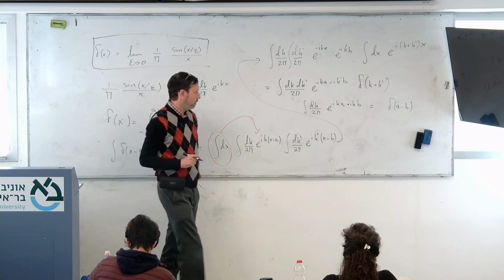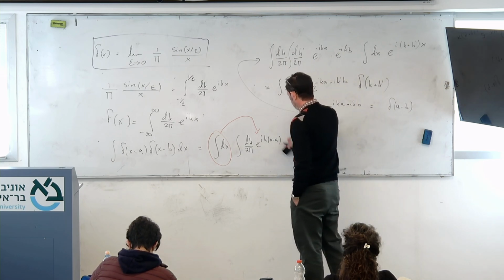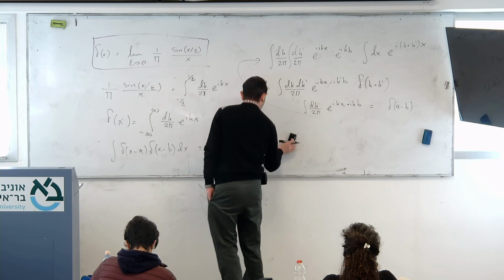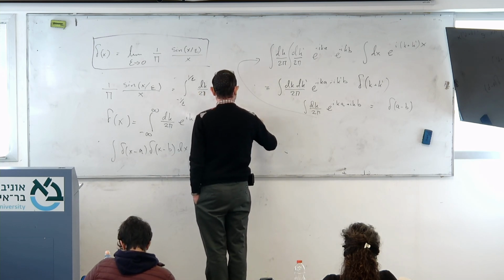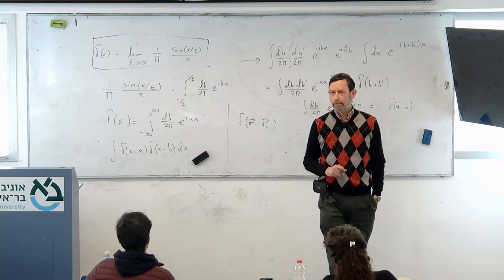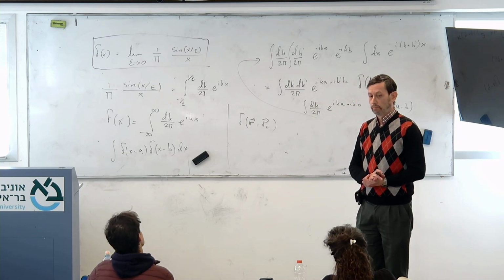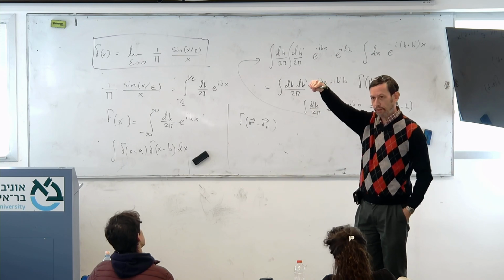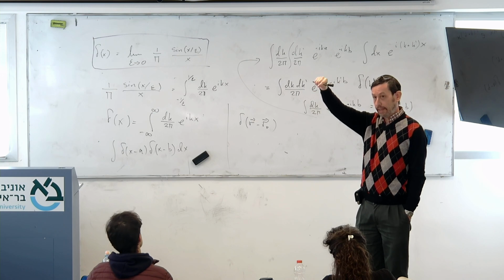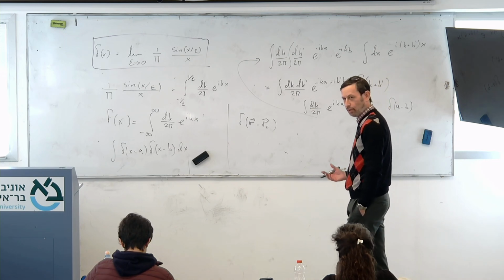Just another comment, using this formulation: what happens if I have a delta of vectors? In three-dimensional space, if I want to specify a point, it's not a scalar, it's a vector, so I should be able to use delta functions also.